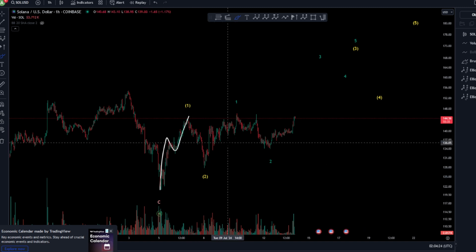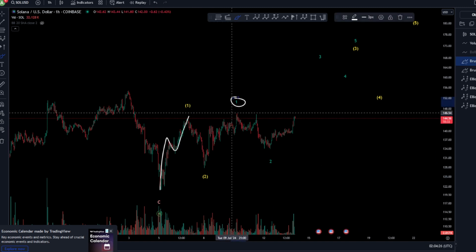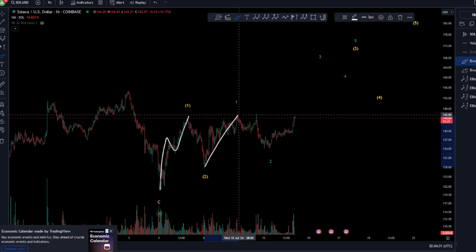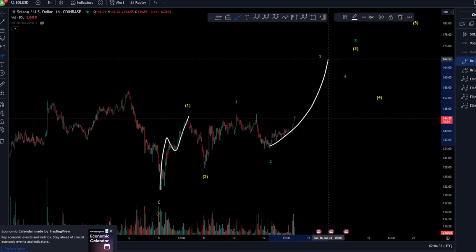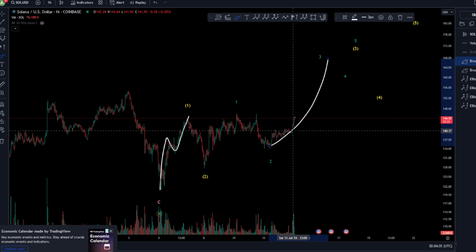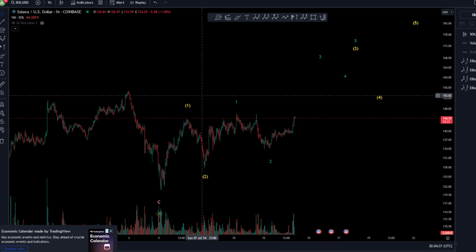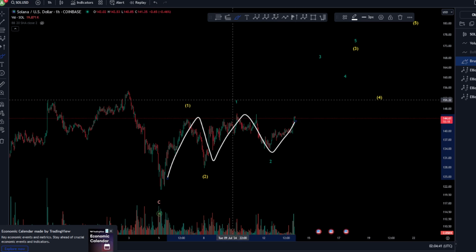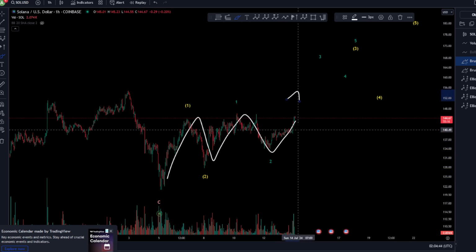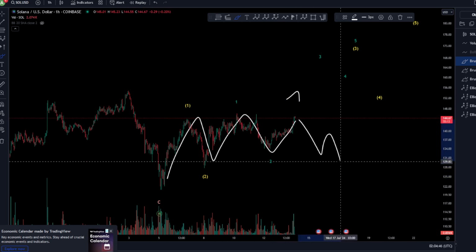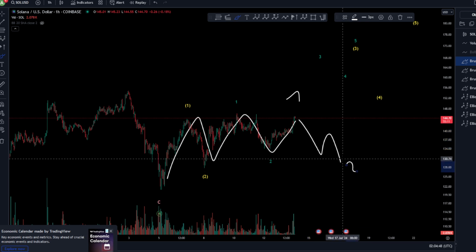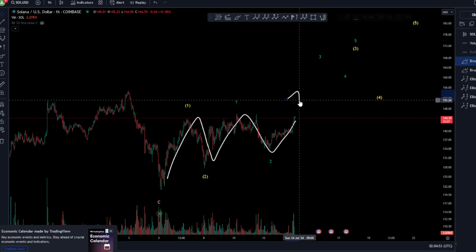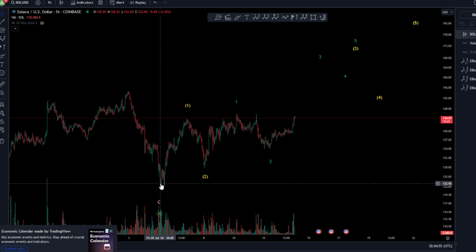It looks much more like an impulse, and it suits more like a wave one, which is much better even because once we have 1, 2, 1, 2, that means we're moving directly to the upside. While when you have a diagonal like that, 1, 2, 3, 4, 5, the whole diagonal should be considered as one. Then we have to wait for a correction for wave two and then move up later on. So that is a much better pattern. It cannot be better than this.